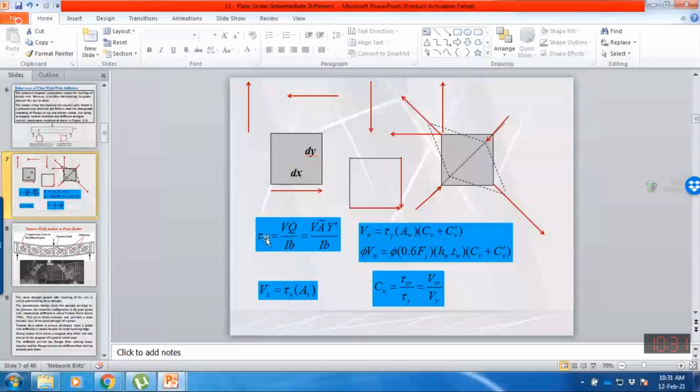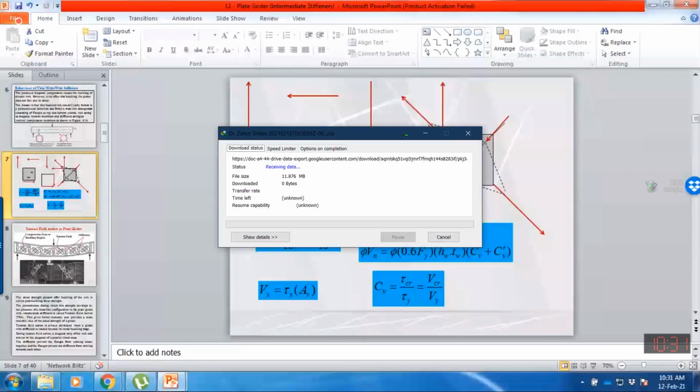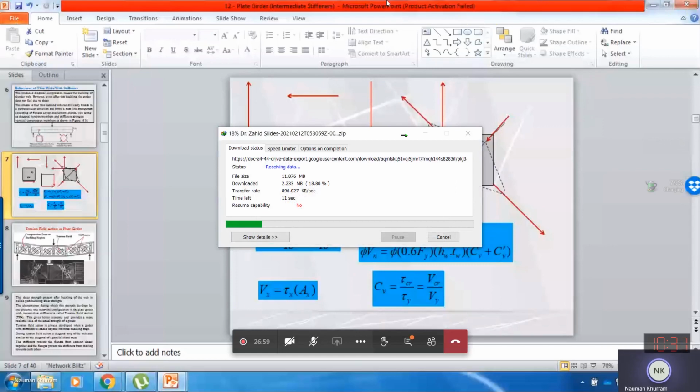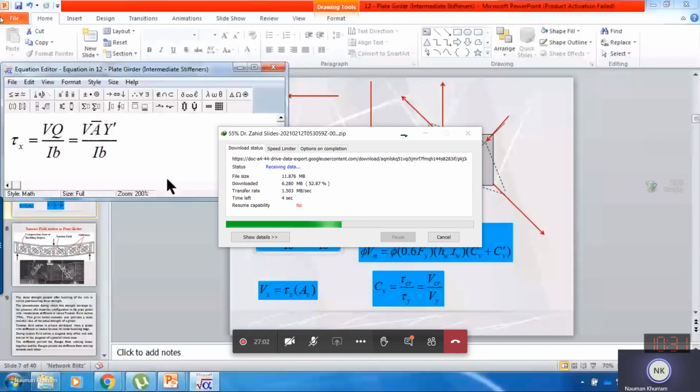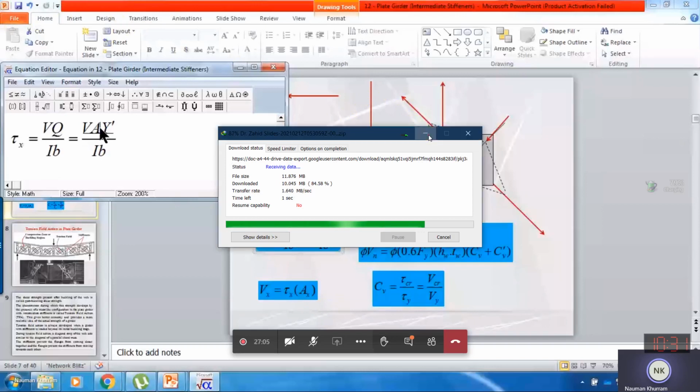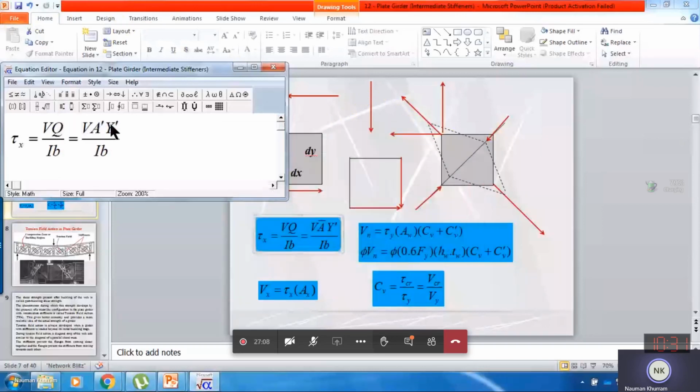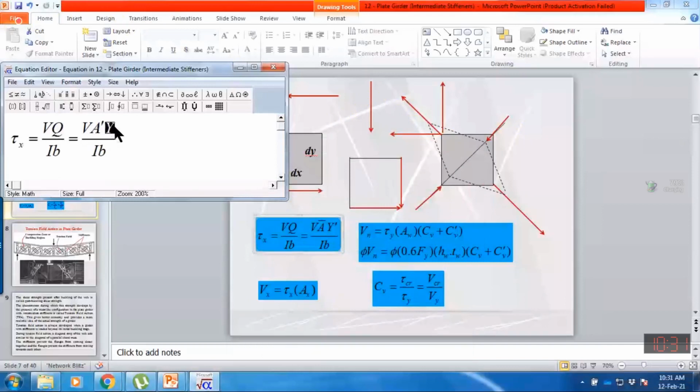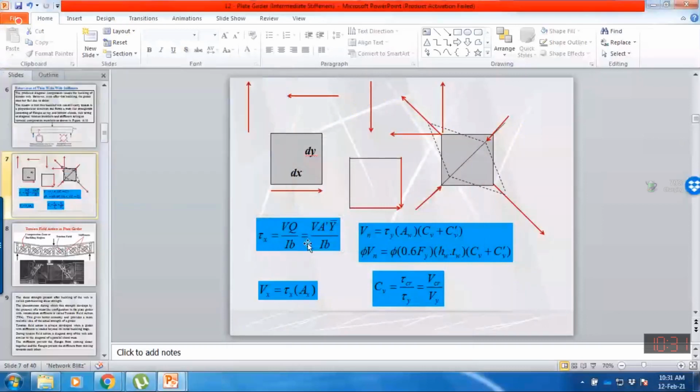The shear stress is equal to VQ over Ib, or VA prime y bar, where A prime is the partial area above the layer and y bar is the moment arm of that partial area above the neutral axis. So anyhow, we are able to determine this. You can convert this shear stress into shear force by multiplying this shear stress by the area.